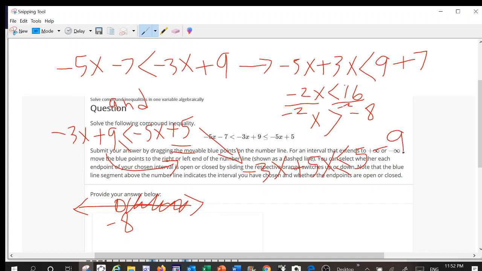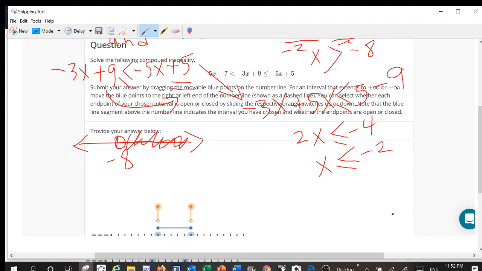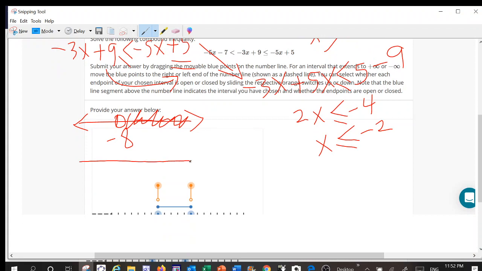So negative 3x plus 5x, that's 2x, less than or equal to negative 4. Divide by 2, don't change the direction because we didn't divide by a negative number, we divided by a positive number. So that's the second solution. But the second solution is what? That x is less than or equal to negative 2.